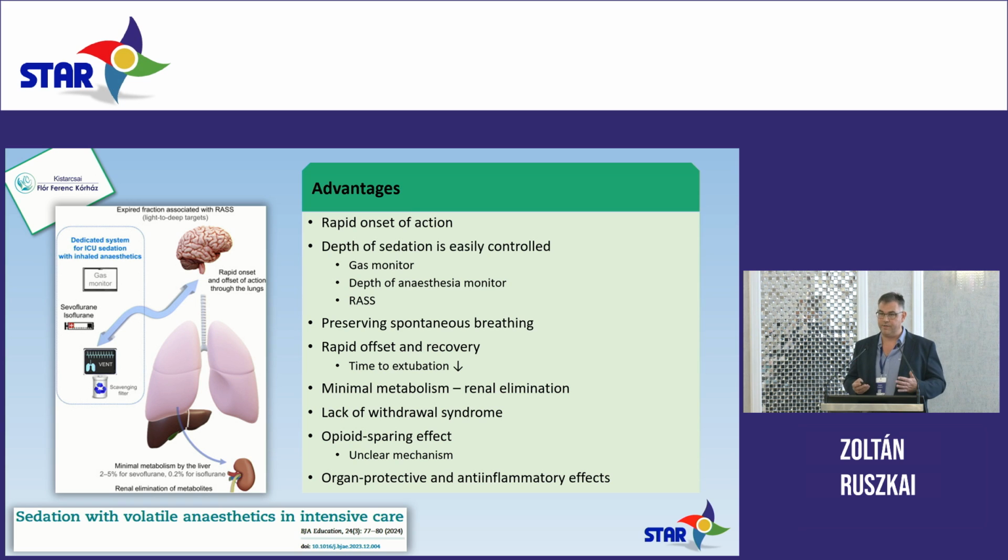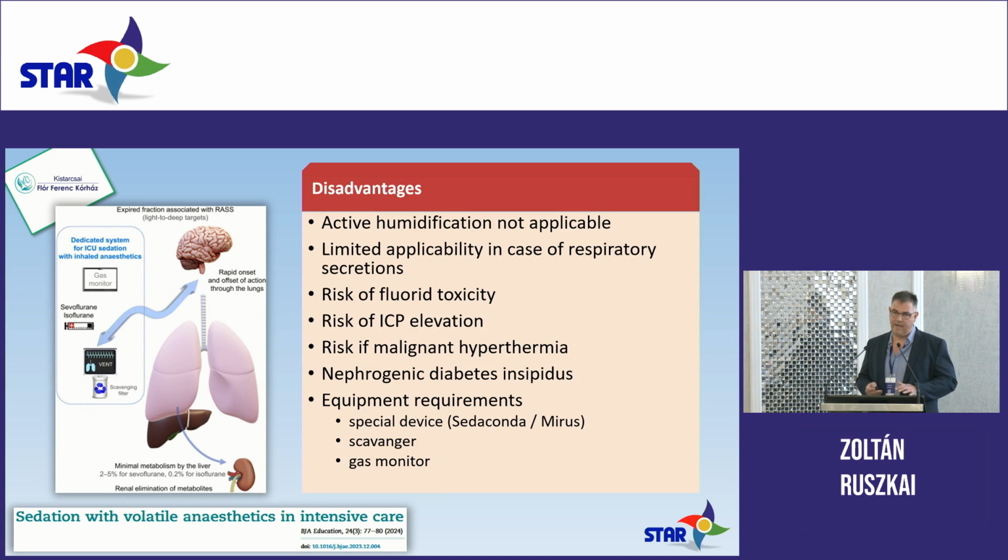There is no withdrawal syndrome when we stop introducing this agent. We can spare opioid use. However, the mechanism is unclear why they have this opioid-sparing effect, and they have some organ protective and anti-inflammatory or immunomodulatory effects also.